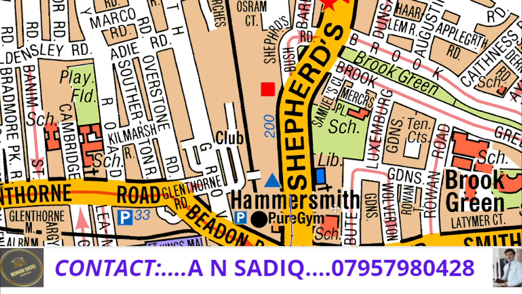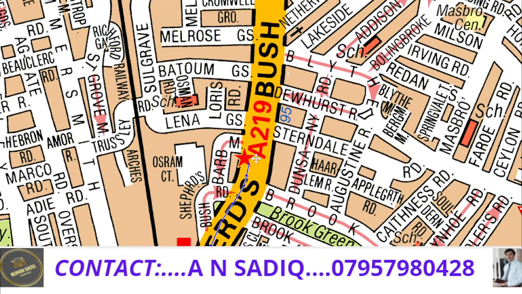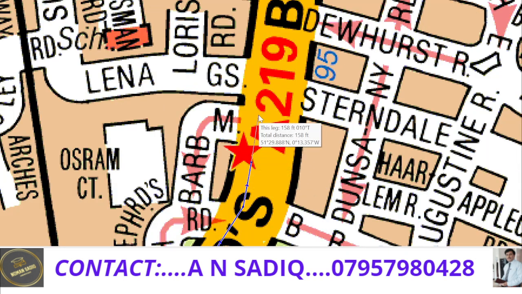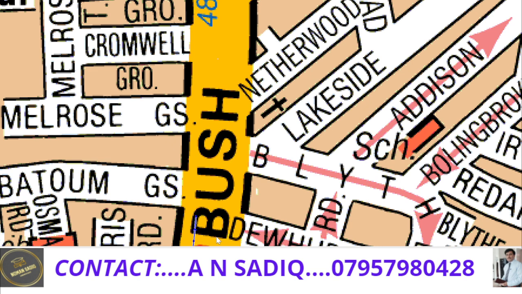So I am going like this and continuing, keeping my route towards the left hand side of the road. So this is no problem if this type of thing comes on the way. Like this, you can continue your journey or continue drawing your route.